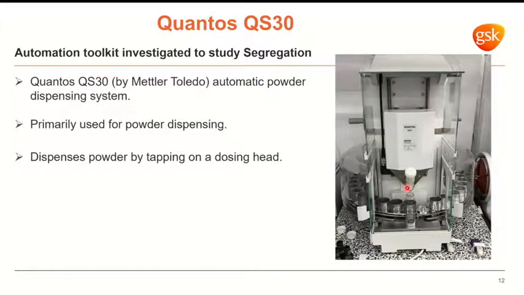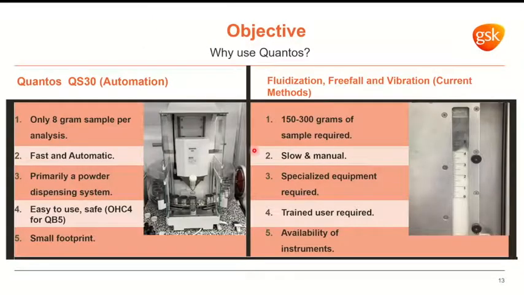You attach this dosing head over it, and I'm going to talk about all of this in detail in a bit. You attach the dosing head, and the machine taps, and the result is the dispensing or expulsion of powder from the bottom of this dosing head. So the aim of my study was to see if this particular machine can be used to evaluate the segregation risk of a pharmaceutical blend.